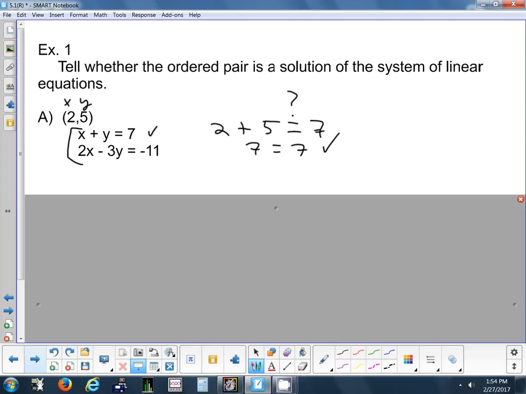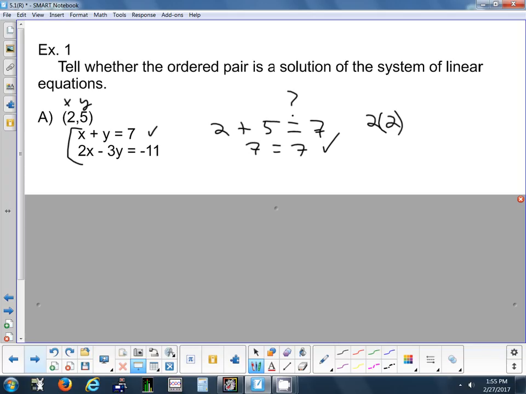How about Antonio? What am I going to fill in for x here? 2. Yep. And how should I do it? Because if I just put a 2 in for x, it would look like the number 22. You could put the times symbol, like a dot, or I heard parentheses.